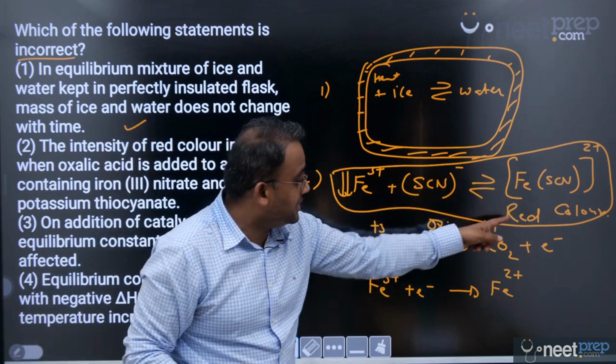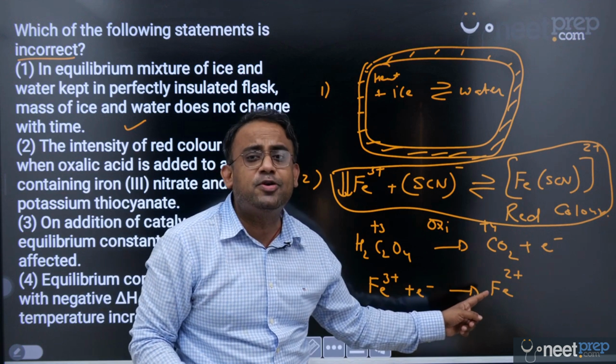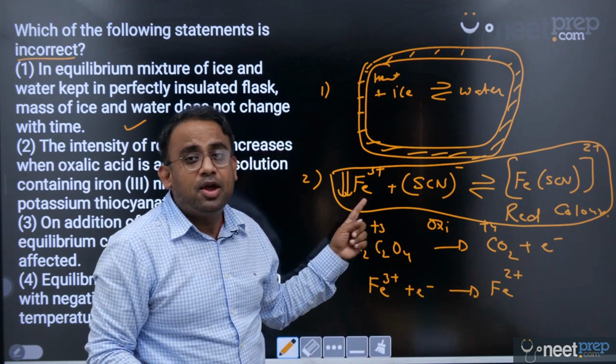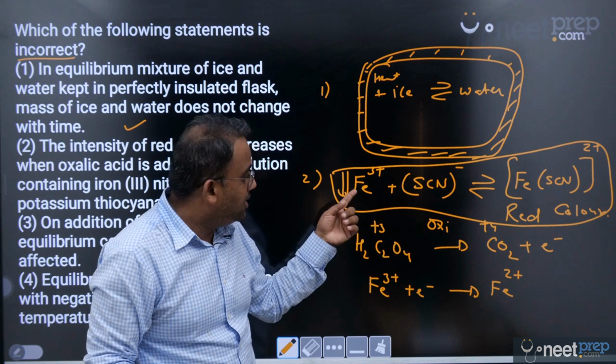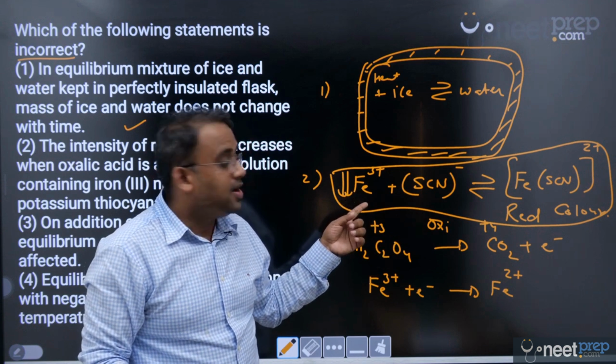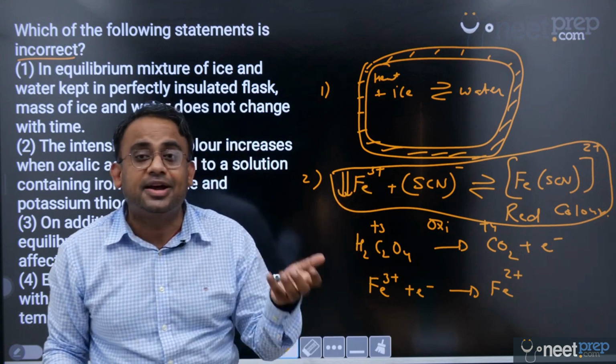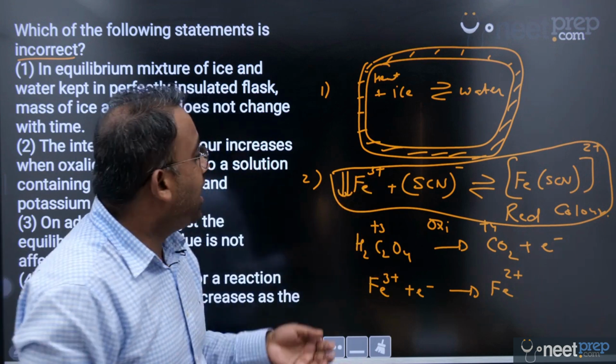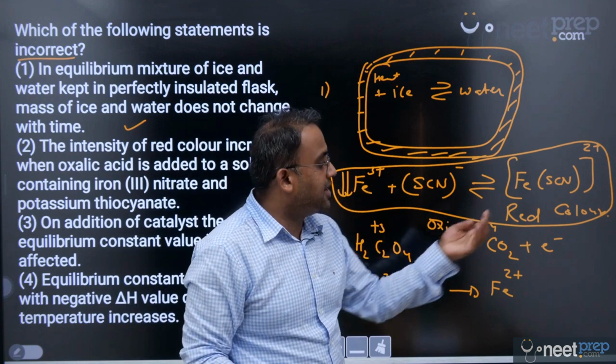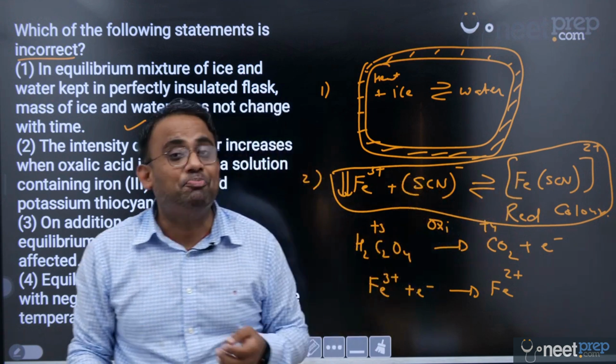Because Fe3+ is getting reduced into Fe2+ ion, there will be a reduction in the concentration of the reactant, and due to that, this equilibrium will shift backwards.